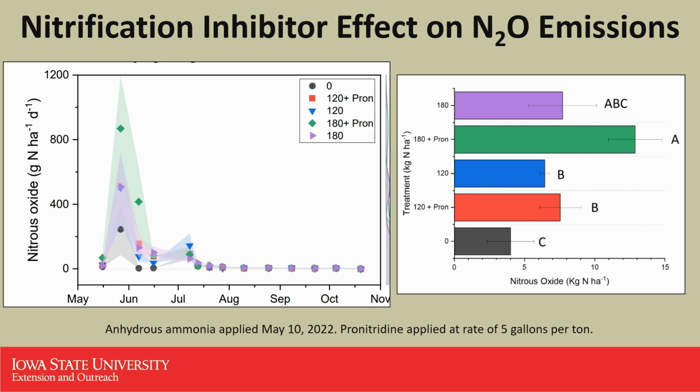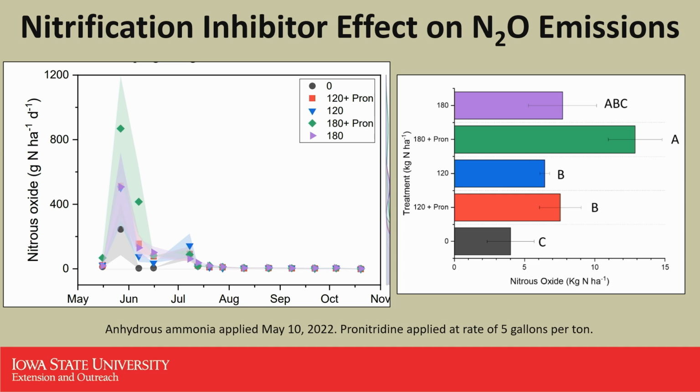What I want to highlight here is that within a given application rate, so within either the 120 pounds with or without, or the 180 pounds, there was no difference in emissions. The way that we know that is that the letters on the ends of the bars there are the same. So in this case, we didn't reduce emissions. And in fact, numerically, we actually saw slightly higher emissions where we had the Centuro versus where we didn't.